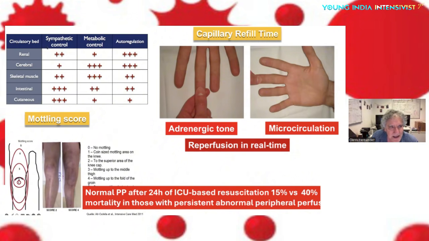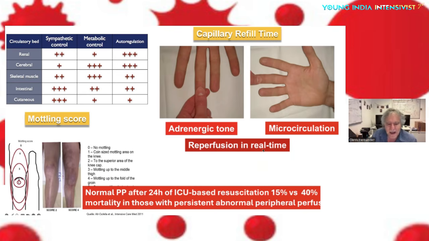Here is the adrenergic control. So, if you get a cold, clammy skin during initial circulatory dysfunction, this may be caused by an increase in adrenergic tone, redistributing flow away from the skin to other territories. It represents a fall in microcirculatory flow, of course, the microcirculation of the hands, the skin.